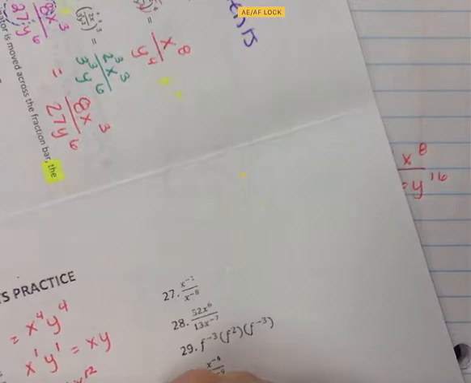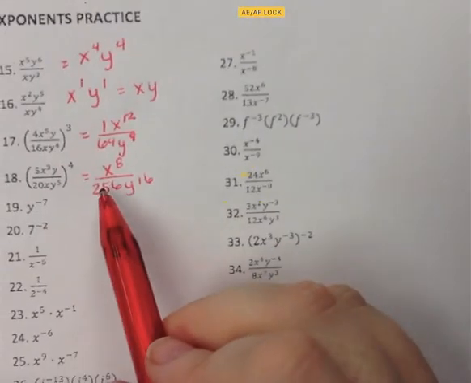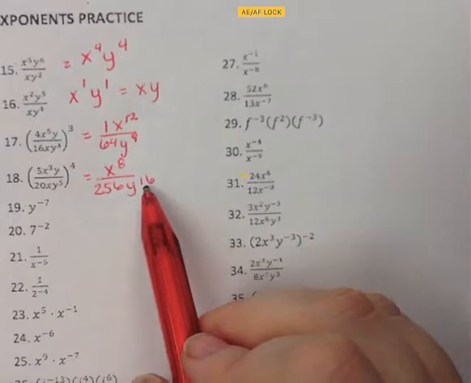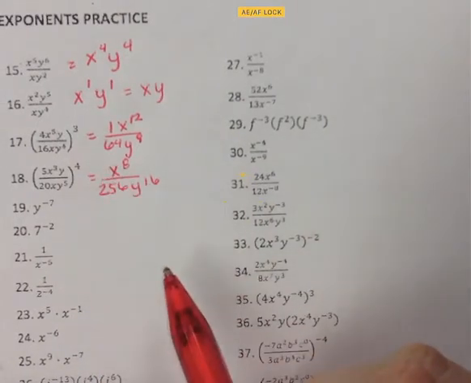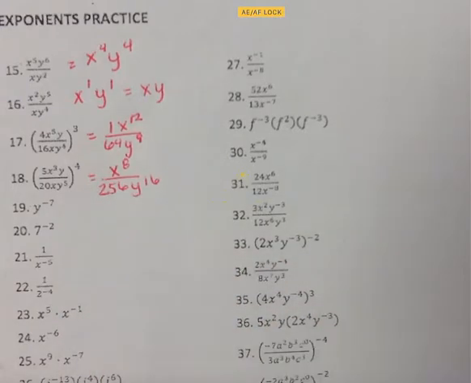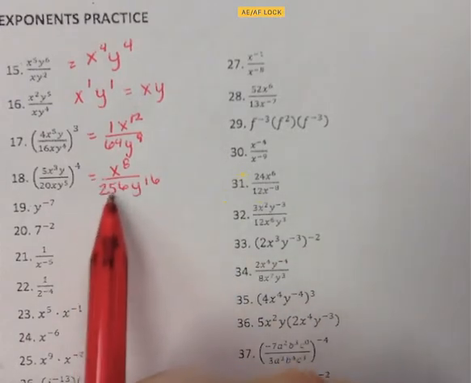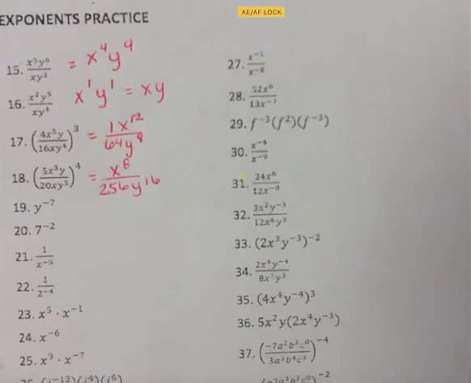I can write it as just x to the 8th over 256 y to the 16th because this 1 is technically still there even though you don't see it. So it'd still be 1 over 256. So be careful. That's not just 256. That is 1 over 256.